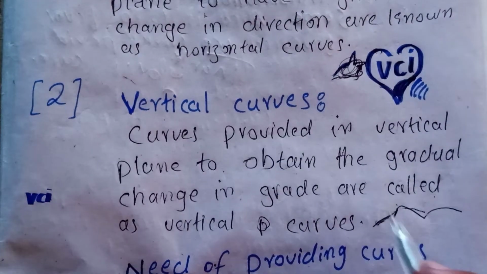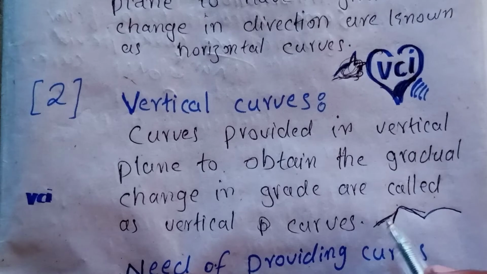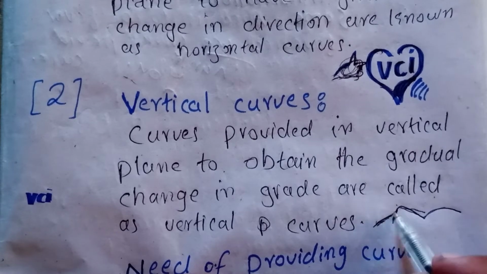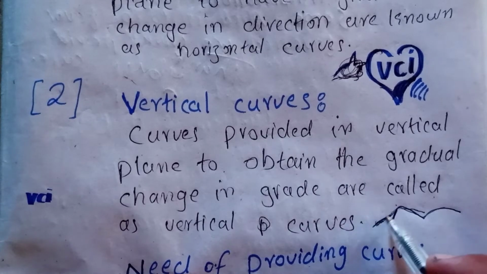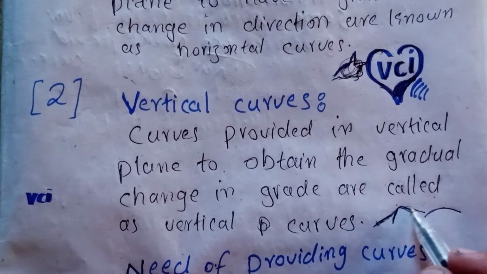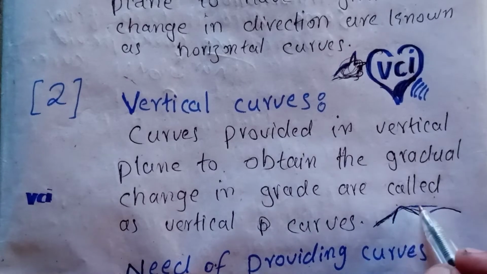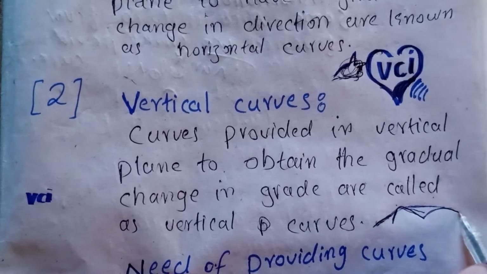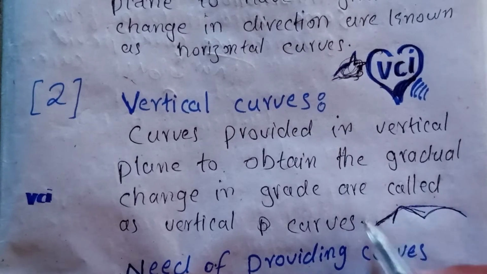As you can see here, suppose this is a hilly area and we are going to construct a road, but you can see that this road goes in two directions, upward and straight, then downward. But this, you can say, is a vertical plane.